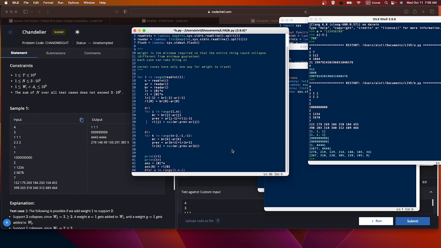Yeah, even the second value now, there's no way that's correct. 398 minus 122 minus our base starting value.